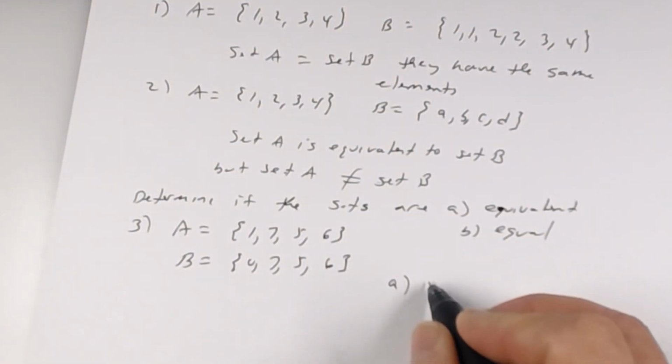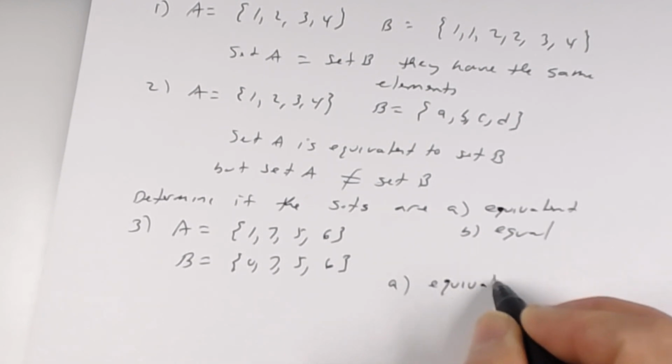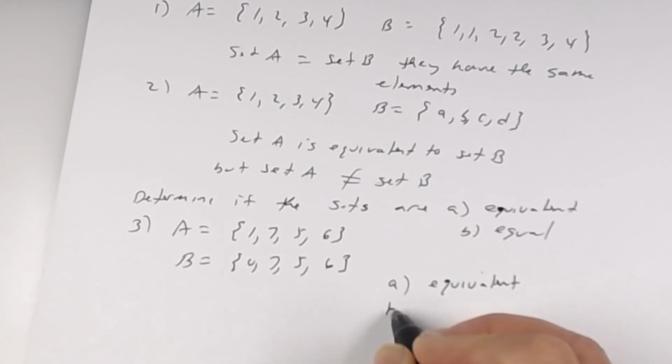So for A, you would say equivalent. For B, are they equal or not equal? They're not equal. Because what's wrong with them? You don't see a 1 in the other, you don't see a 0 in the other, right? So they're not equal. So B is not equal.